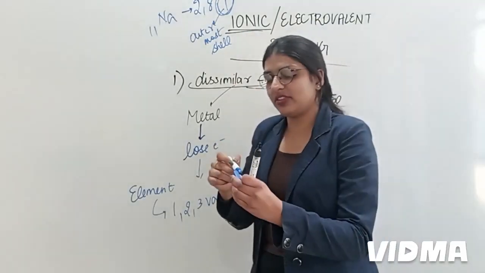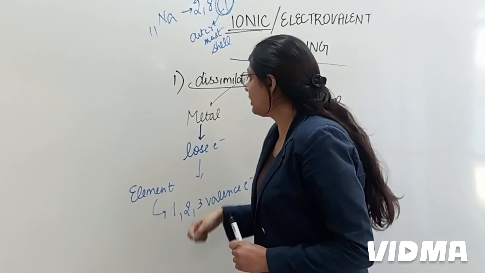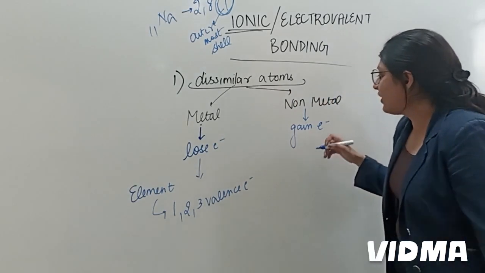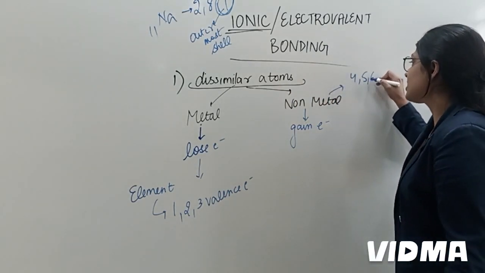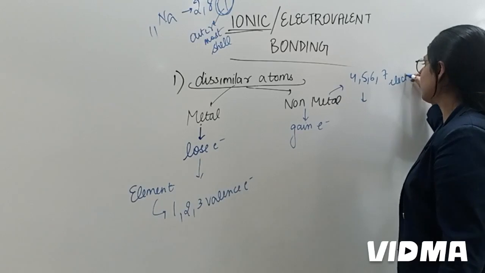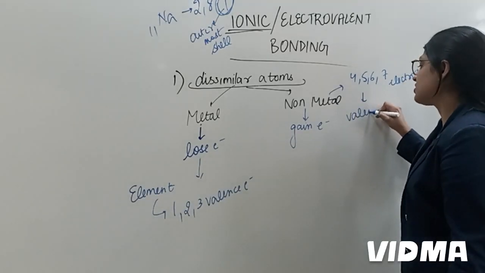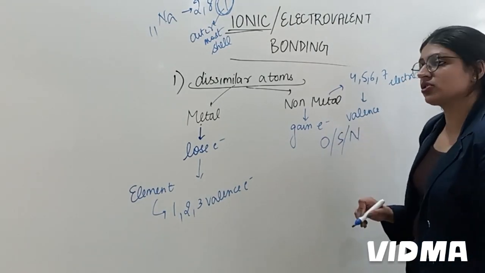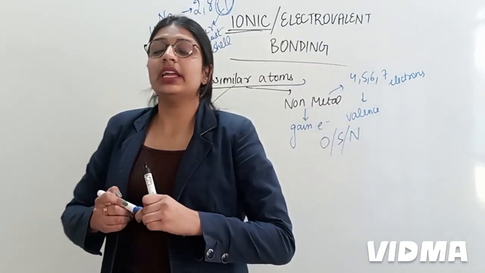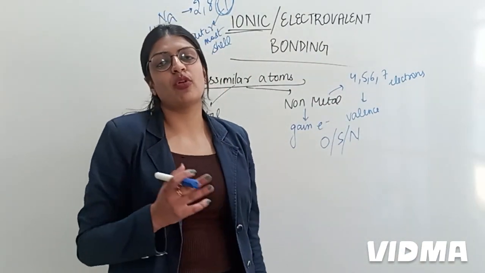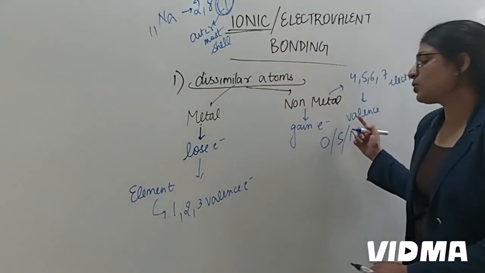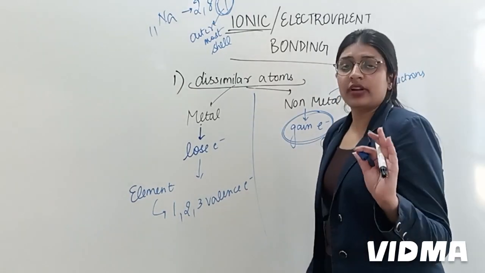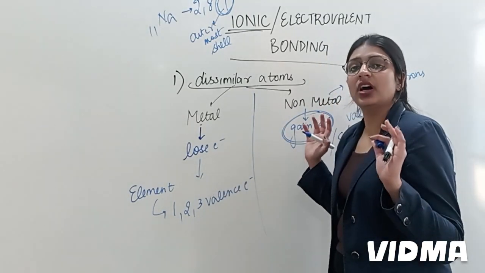Whenever there are 1, 2 or 3 electrons in the outermost shell, the element is considered a metal, and whenever we have 4, 5, 6 or 7 electrons in the valence or outer shell, for example oxygen, sulfur, nitrogen, the element is said to be a non-metal.